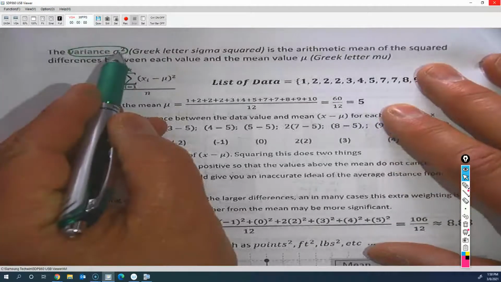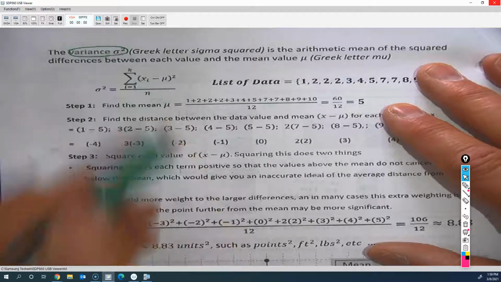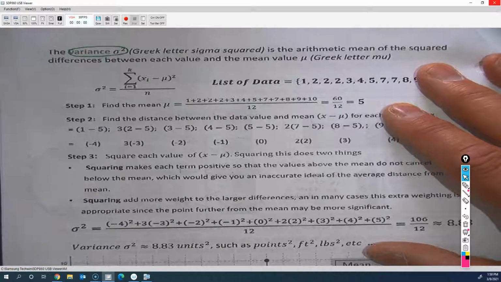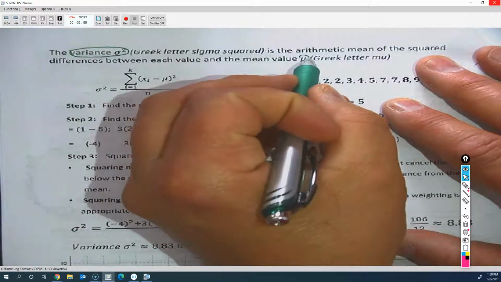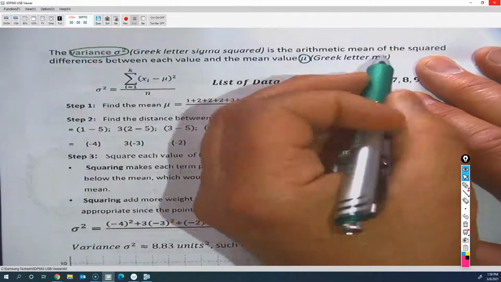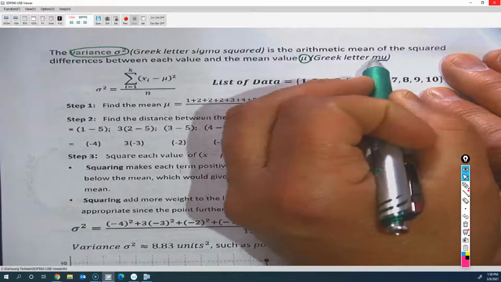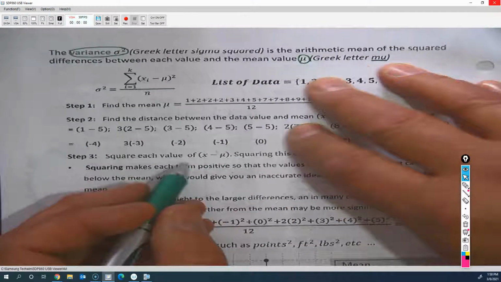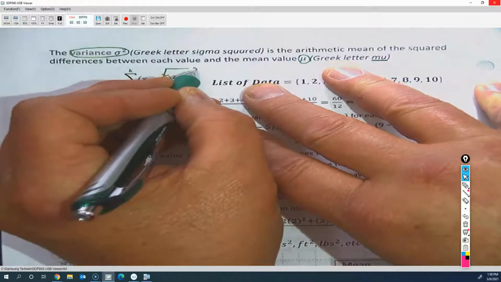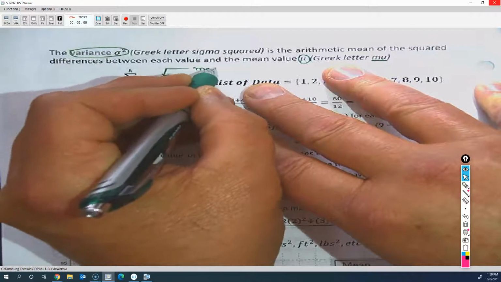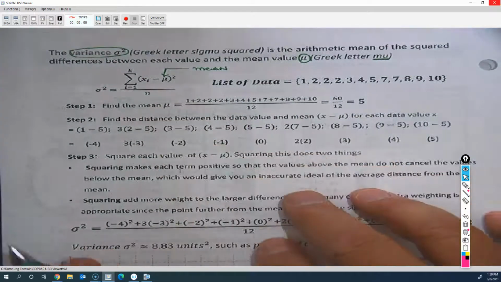So it's the Greek letter sigma squared. This Greek letter right here, the one that looks like a U, is actually the Greek letter mu. Mu stands for the mean. All right, so here's what this means here.